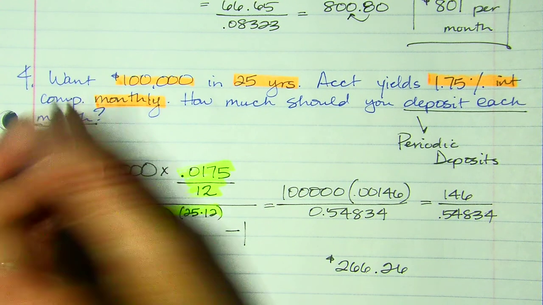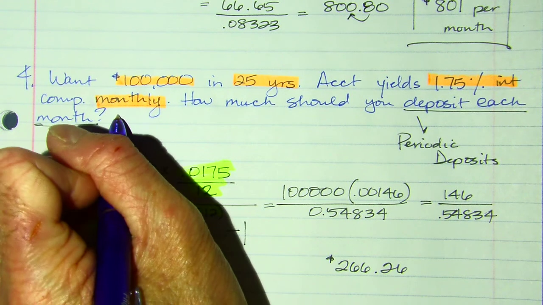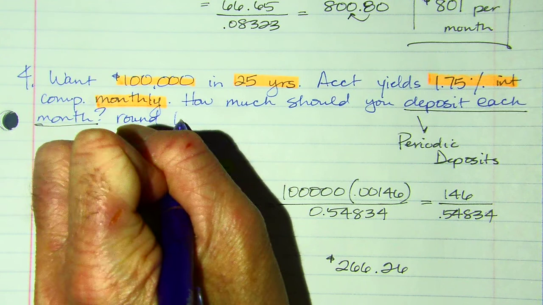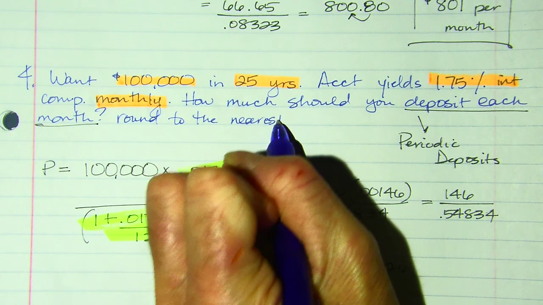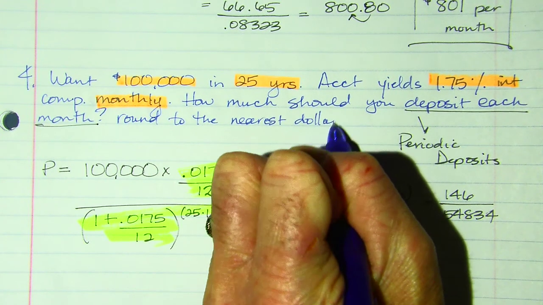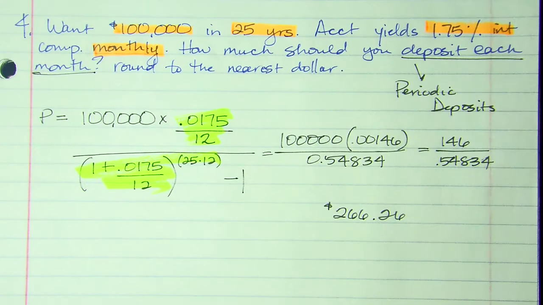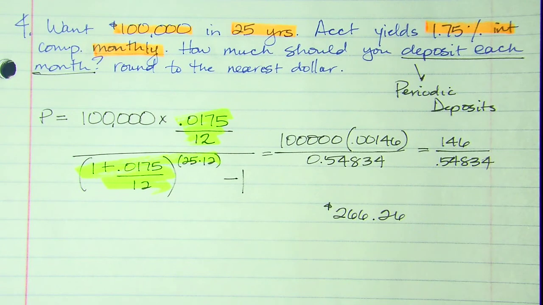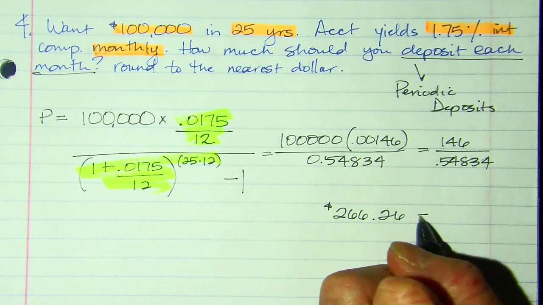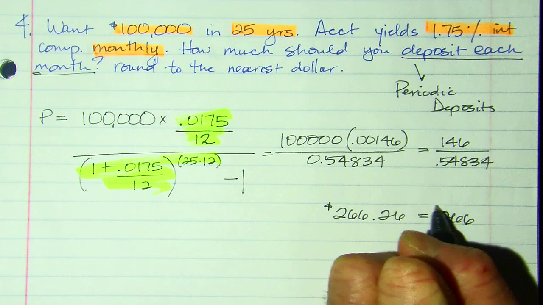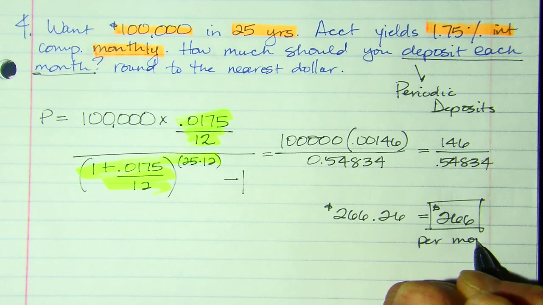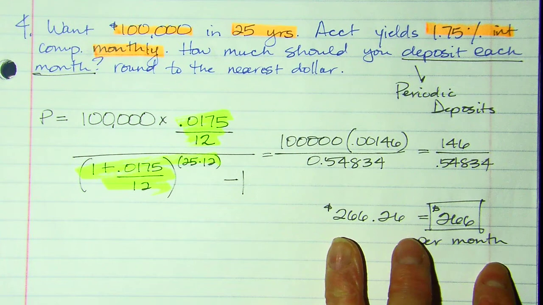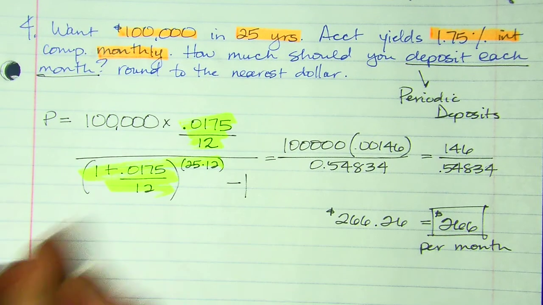Now let's round to the nearest dollar. So does 26 cents round that to 267? No. So $266 per month. Not so bad, but it's also because you're talking about 25 years from now. Okay.